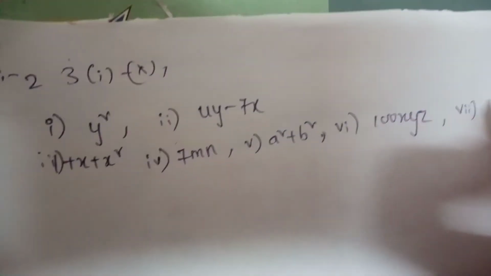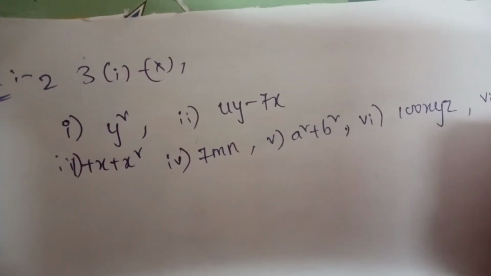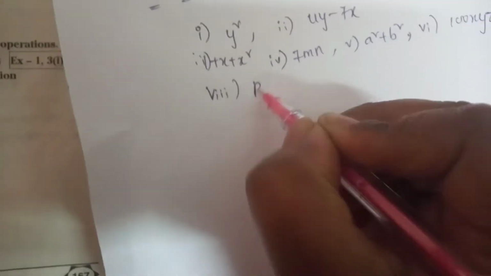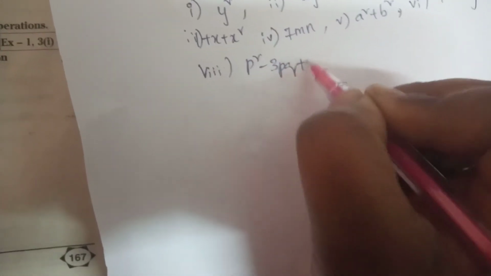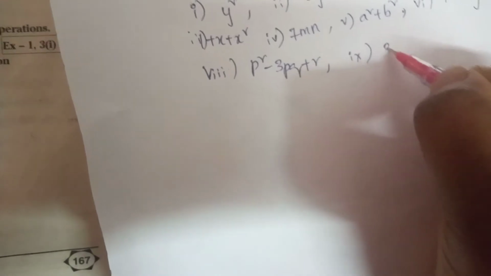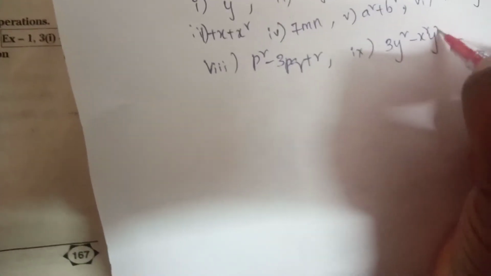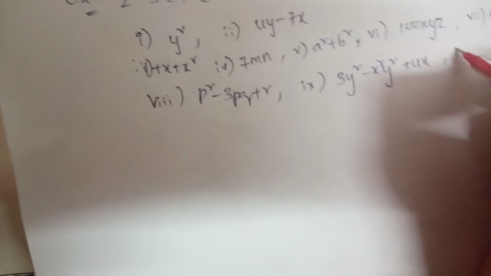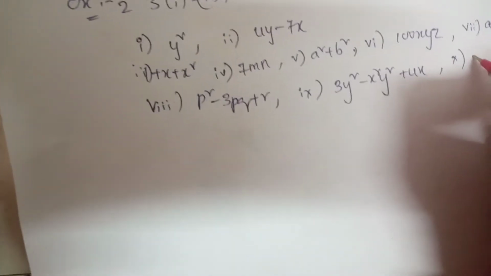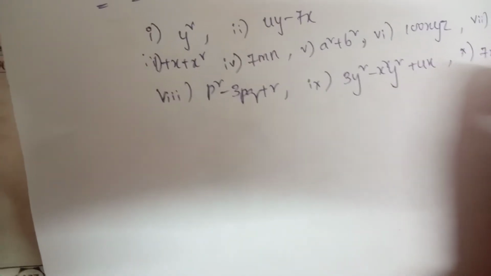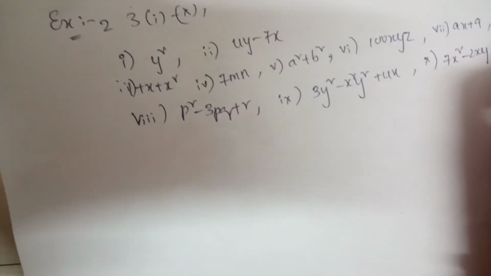Seventh one is x plus 9, and eighth one is p square minus 3pq plus r. Ninth one is 3y square minus x square y square plus 4x, and 10th one 7x square minus 2xy plus 9y square minus 11. These are the given problems.